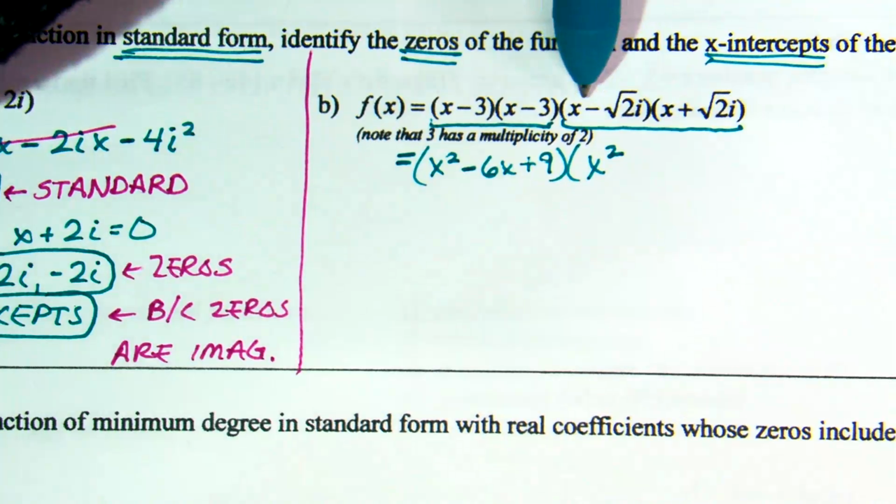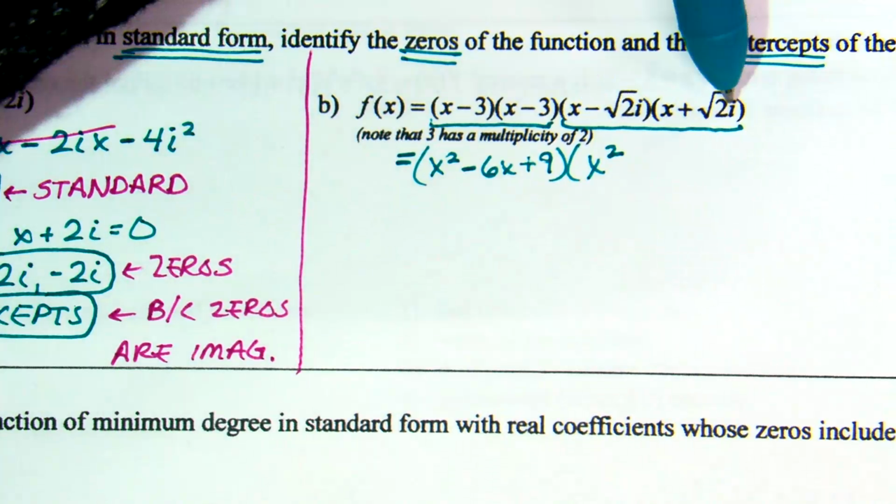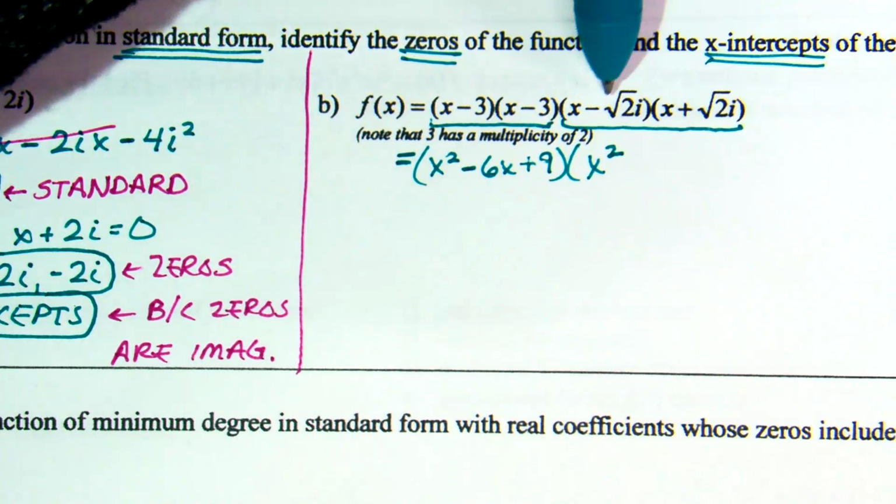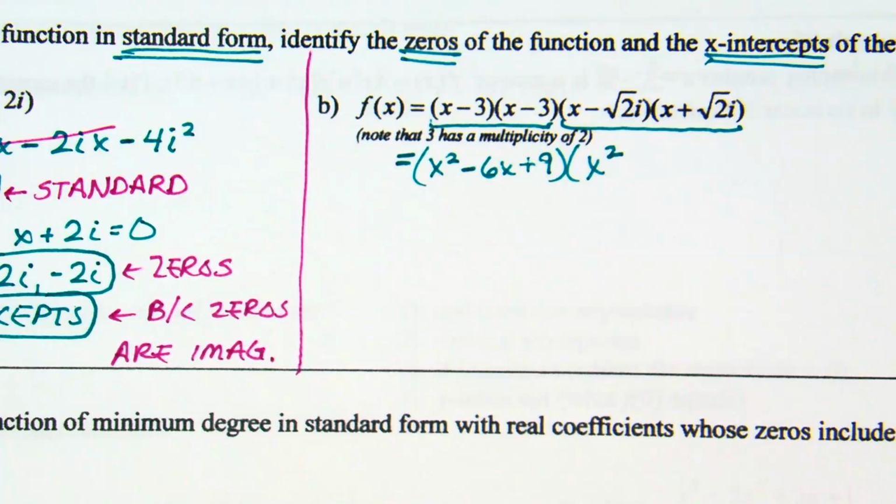The fact that when we look at the outsides, x times radical 2i is going to be a positive radical 2i times x, right? But then what are my insides? Negative radical 2i times x. So what happens when you have a positive radical 2ix and a negative radical 2ix? They cancel. They're conjugates, folks. Those middle terms cancel. Do I need to write those out? I don't. If you prefer to, then go for it, but they're going to cancel.